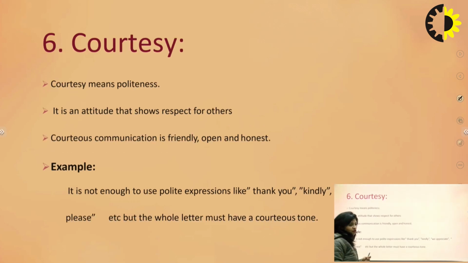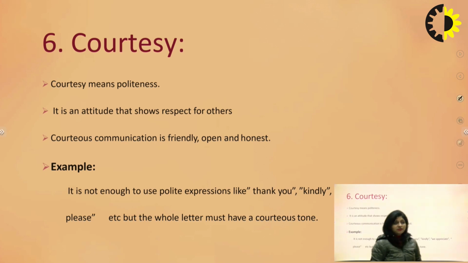Now, courtesy. So obviously courtesy is an important principle to sustain and build good business relationships. Courtesy means not only thinking about the receiver's viewpoints, but also thinking about his emotions and feelings as well. So how can you bring courtesy in your message?